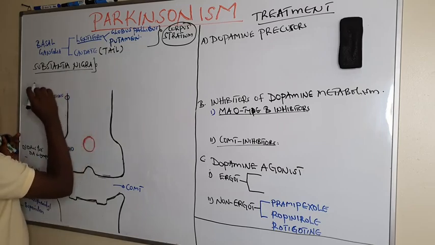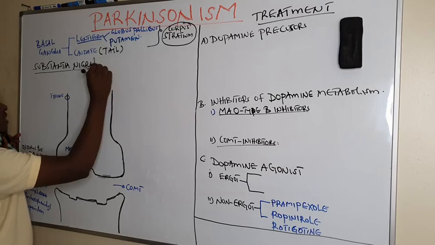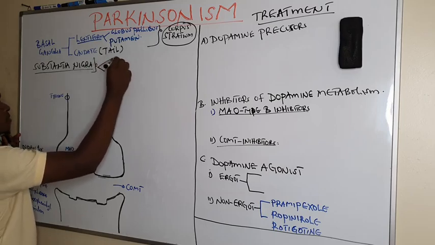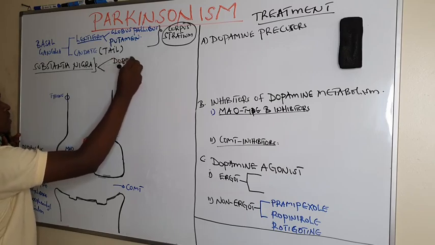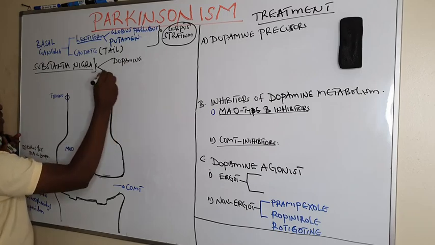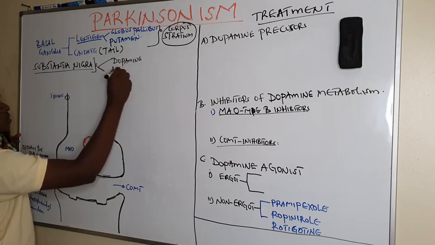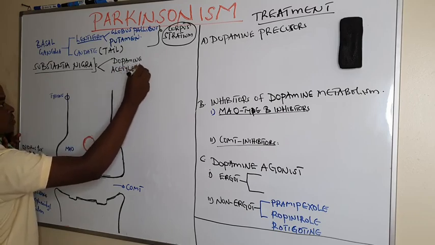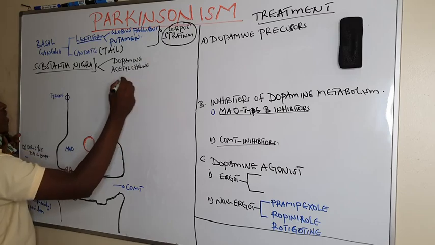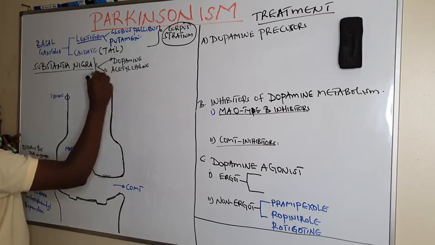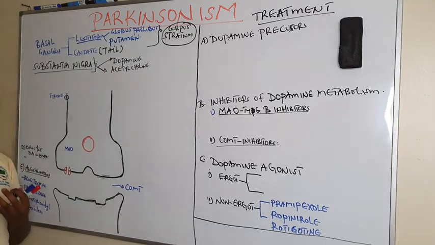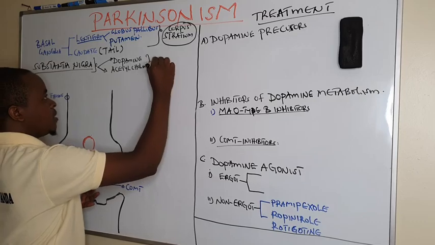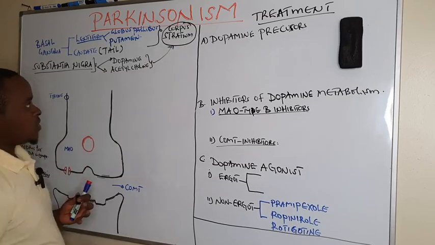So this substantia nigra is the one that releases neurotransmitters such as dopamine, together with acetylcholine, and these two neurotransmitters produced by the substantia nigra, which is below the thalamus, are the ones that control this corpus striatum.